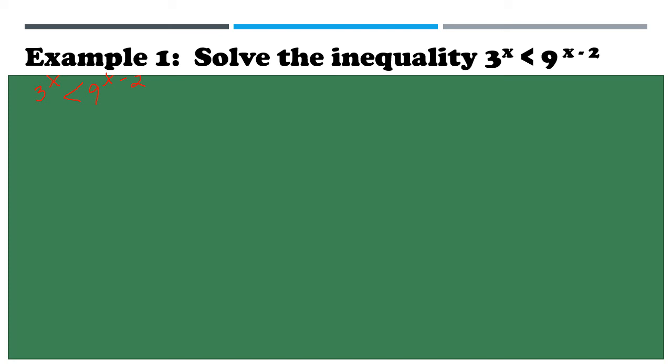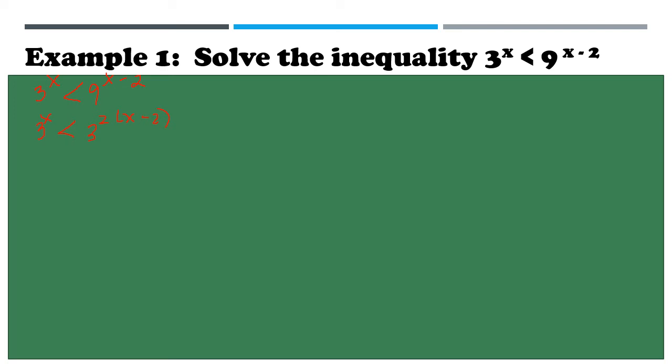So, the same procedure sa ating equation, gagawin nating parehas ang base natin. So, since 9 is divisible by 3, we can rewrite this inequality as 3 raised to x less than 3 squared, because 9 is 3 squared. And then, merong exponent ang 9 na x minus 2. So, we're going to multiply 2 by x minus 2. Ayan, so they have the same base already. The bases are 3 and 3.